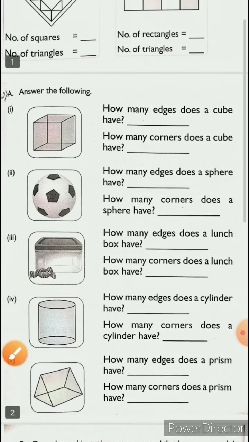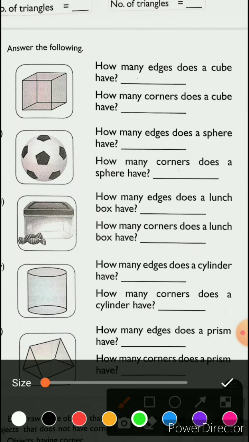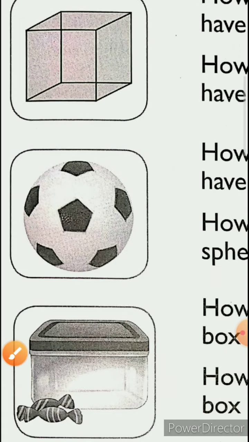Now come to the next question, question number 2. In that question we have to count the number of edges and corners of different shapes. Let's start from the first question. How many edges does a cube have? Okay, so edges are where two faces meet, that is your edge. Here in the cube just count the number of edges.